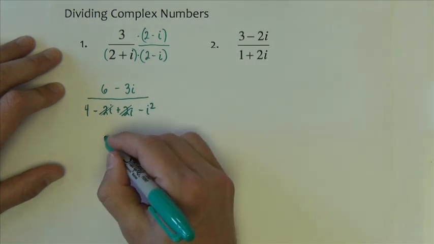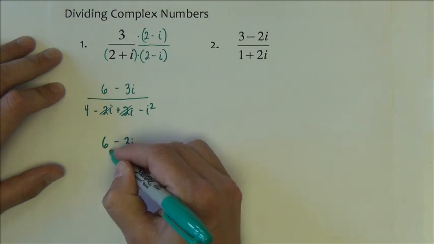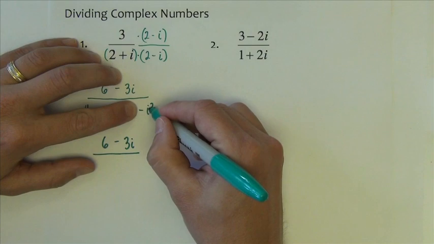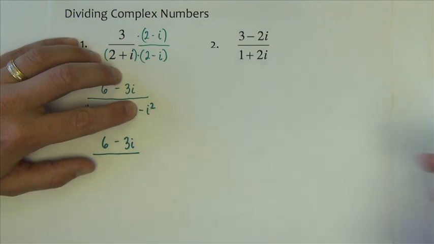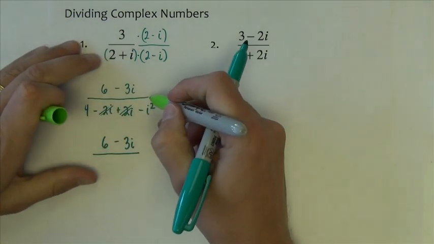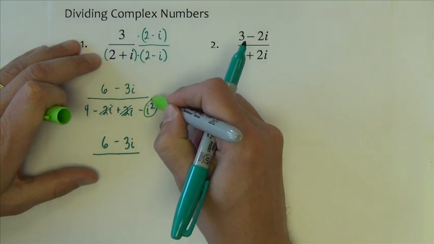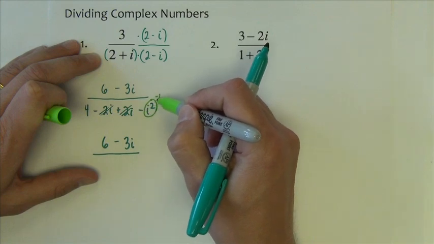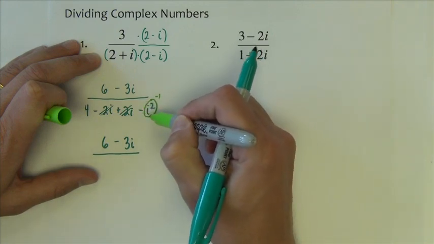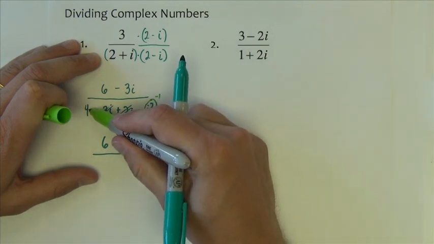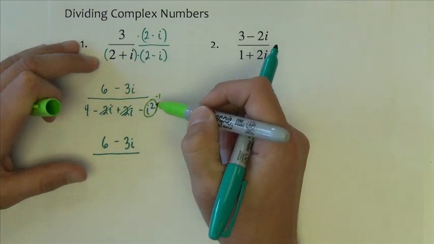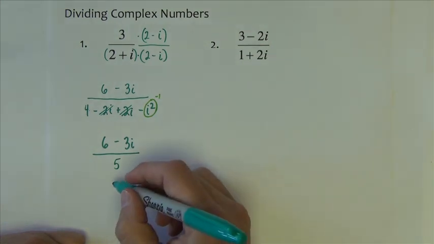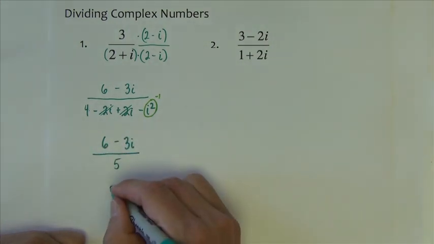So I've got now 6 minus 3i divided by, let's remember that this i squared is a negative 1. So we have a minus negative 1. That's really like a plus 1 right there. So I have this 4 plus 1. The denominator is 5.